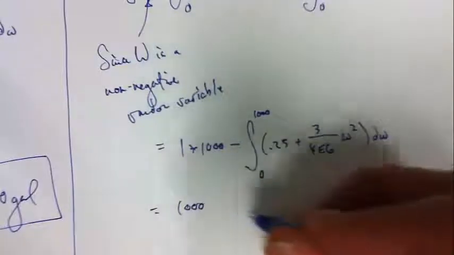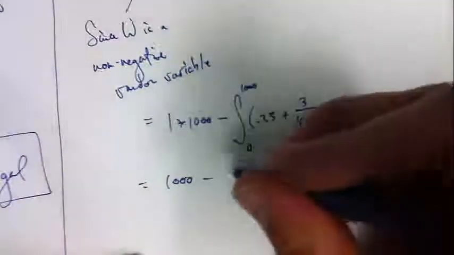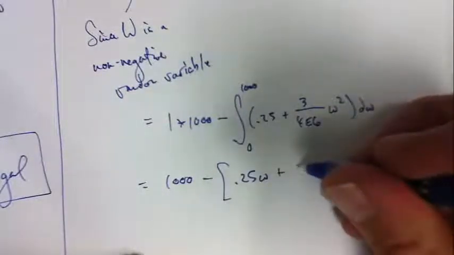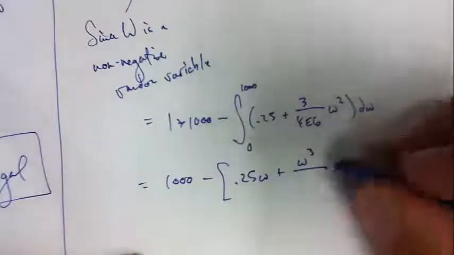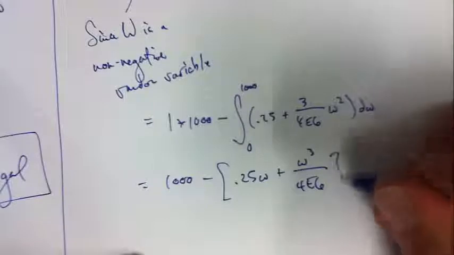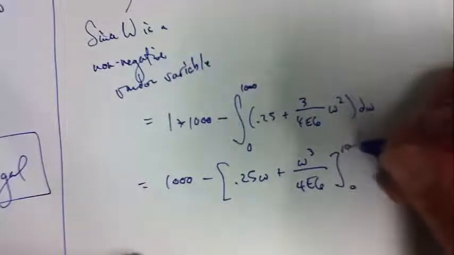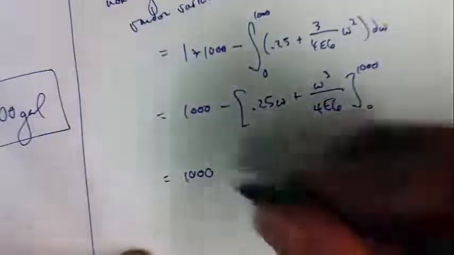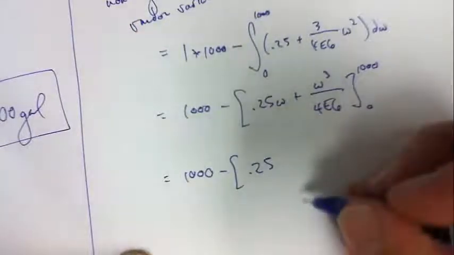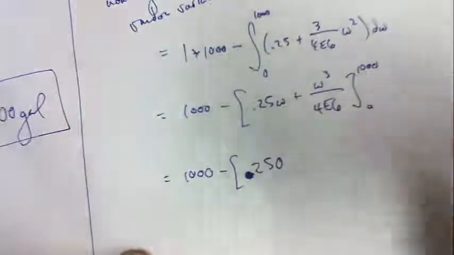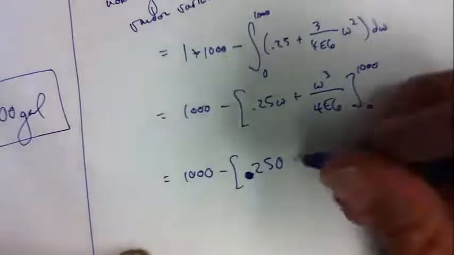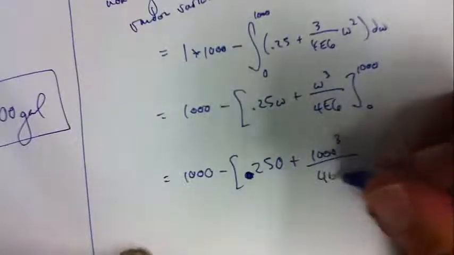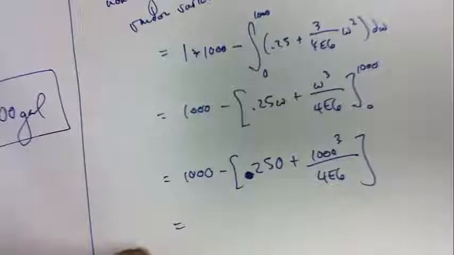And this turns out to be 1,000 minus a quarter w plus 3w cubed over 3, from 0 to 1,000. So this is going to be 1,000 minus a quarter of 1,000, which I can do in my head, that's 250, plus 1,000 raised to the third over 4 million. So what does this turn out to be?